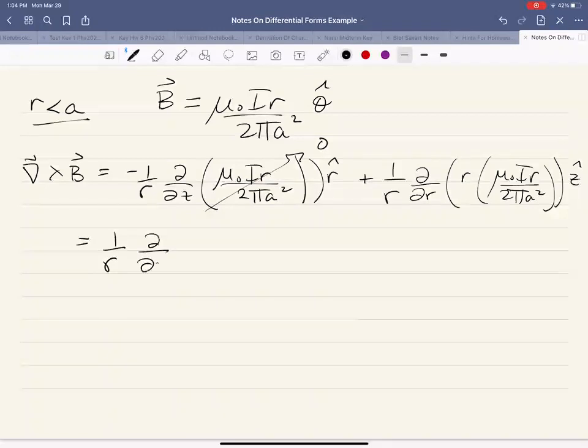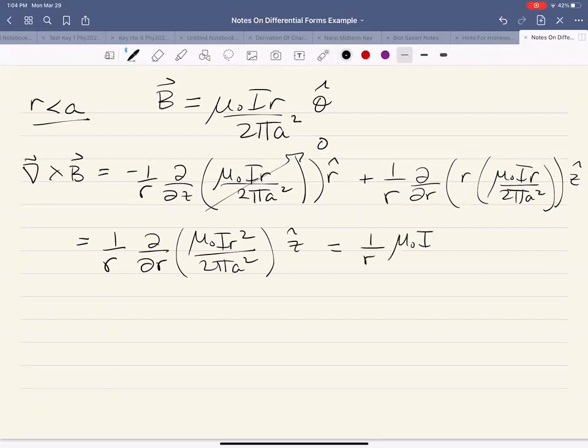So I've got partial with respect to r, and then this would be of mu naught I r squared over 2 pi a squared, z hat. Great. Okay, look. Partial with respect to r of mu naught I r squared over 2 pi a squared. The mu naught I over 2 pi a squared is a constant, that can come out front. But now I'm taking the partial with respect to r of r squared.